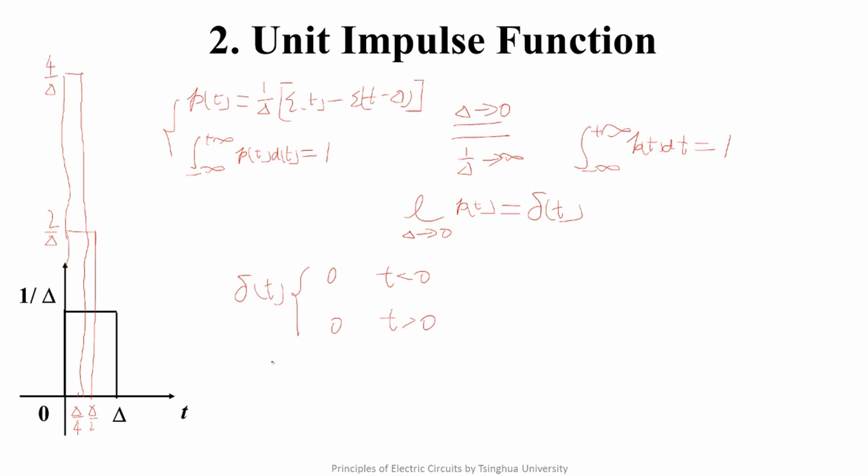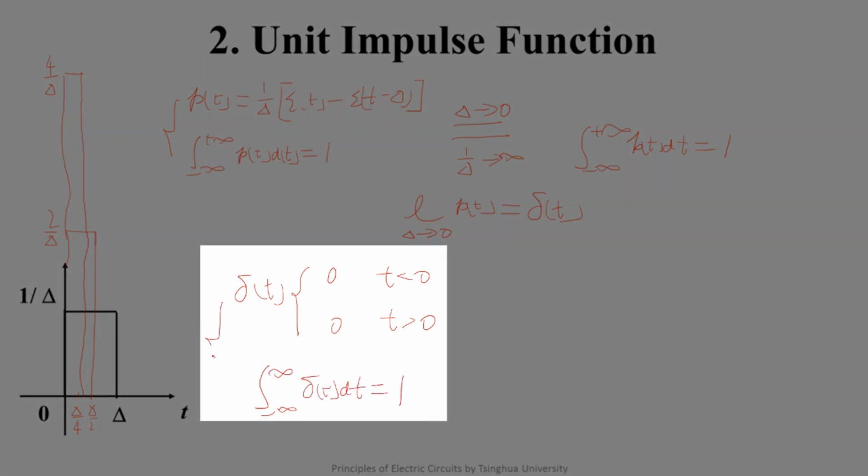When t equals 0, delta t is infinity. Besides, the integral of delta t from negative infinity to positive infinity is 1. The two characters are the complete definition of the unit impulse function.